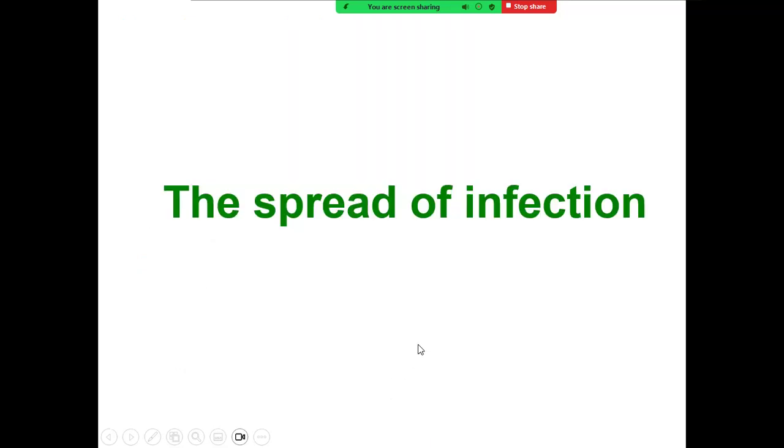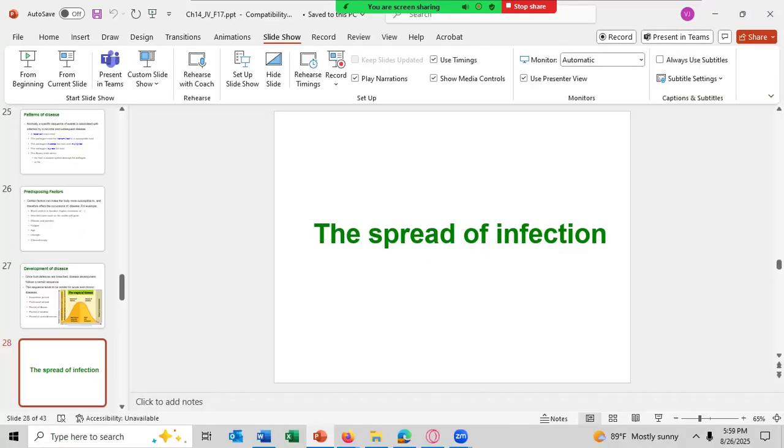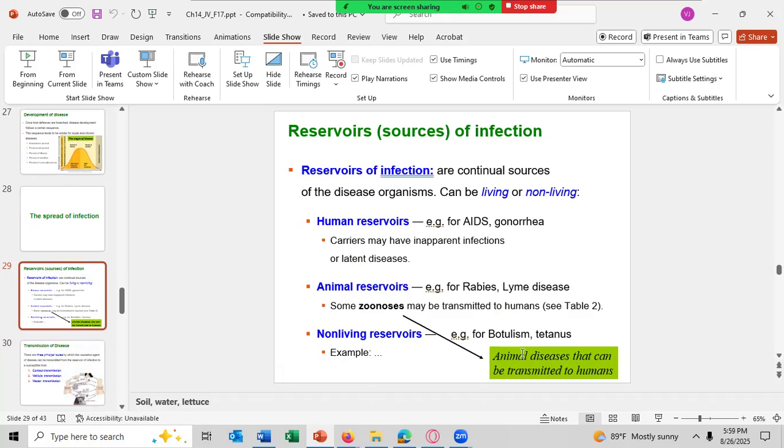All right, let's talk a little bit about the spread of infection. To get a spread of infection, the infection has to have come from a reservoir. A reservoir is a source of the infection. They can be living reservoirs or non-living reservoirs.